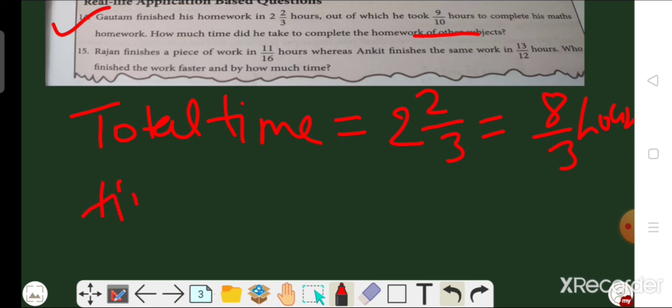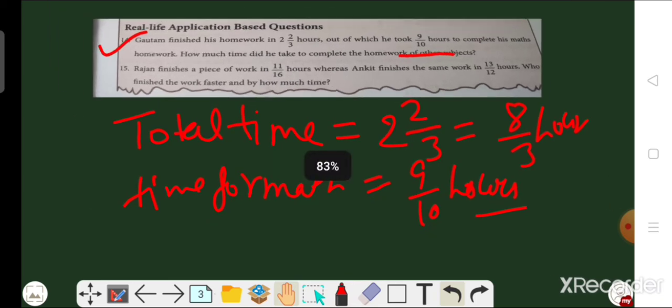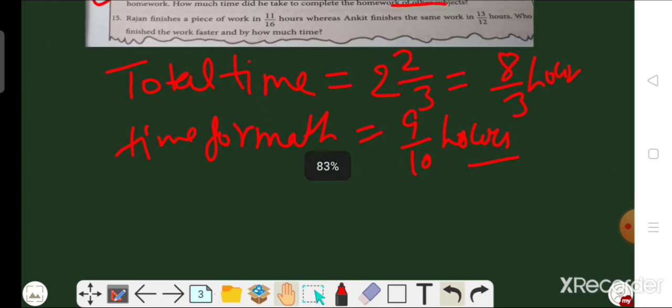And the time for math work is 9 by 10 hours. And we have to find the remaining time.